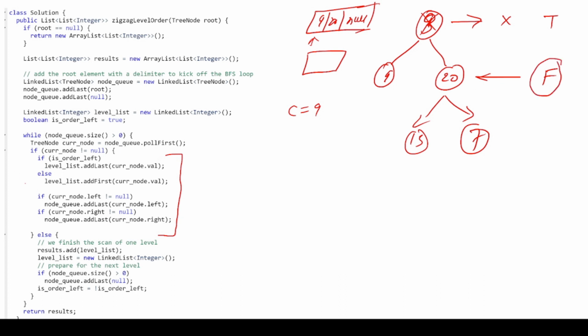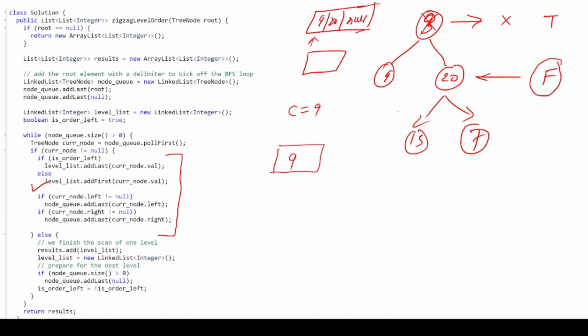If it is false, we will come here to the list. In this list we will add first. What will we add here? Let's suppose on the list we will add 9. Like this.